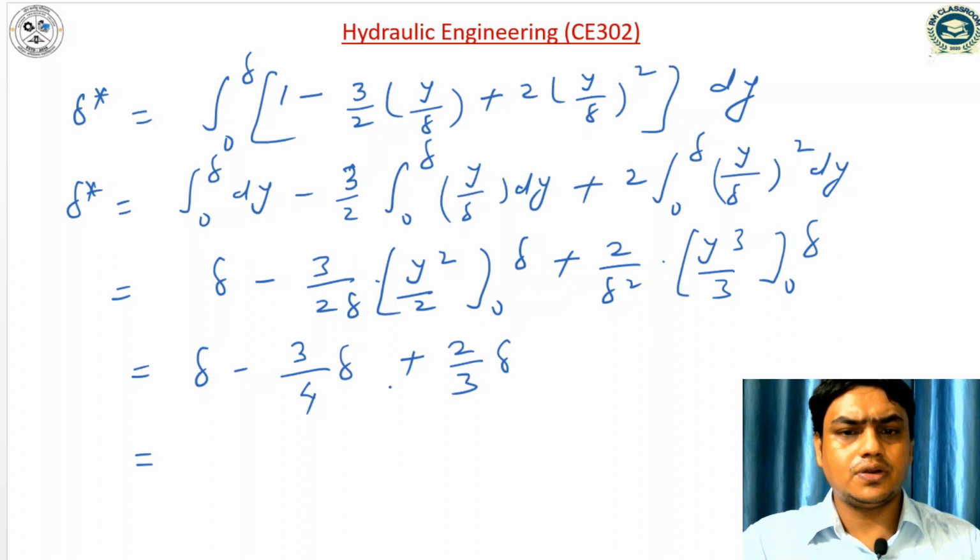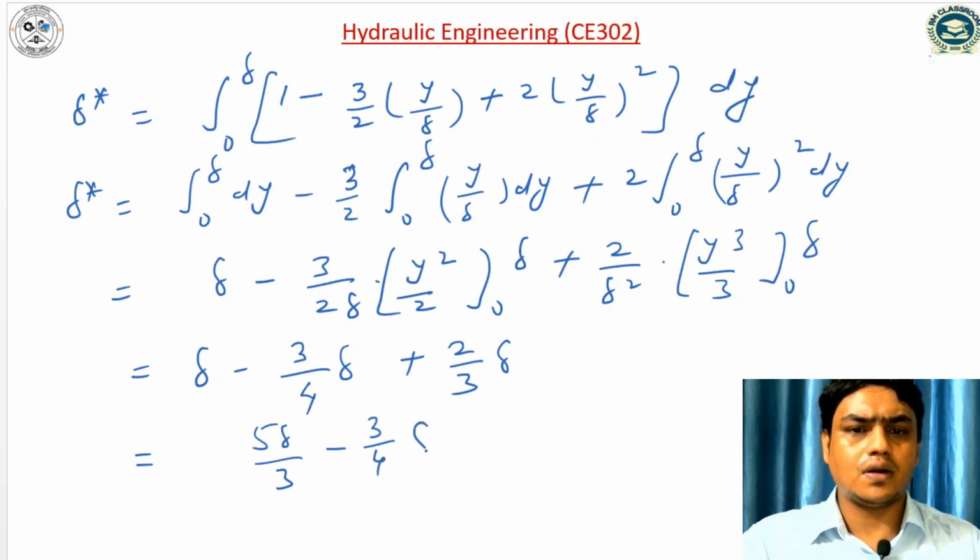So if I put, 3 delta plus 2 delta, 5 delta by 3 minus 3 by 4 delta, so it is 12, 20 delta minus 15 delta.